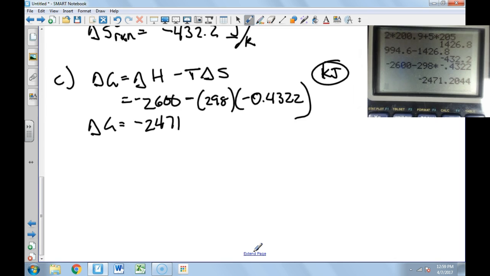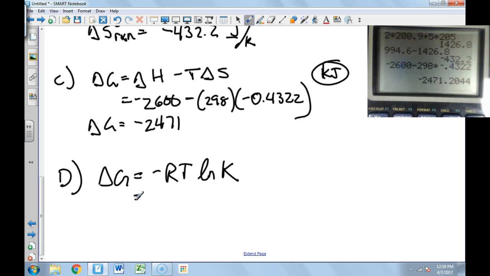Now we have to calculate the equilibrium constant. The formula for calculating the equilibrium constant is delta G equals negative RT ln K. We have the delta G, we have R, we have T. Keep in mind this is in kilojoules, so now we want to move this back to joules.